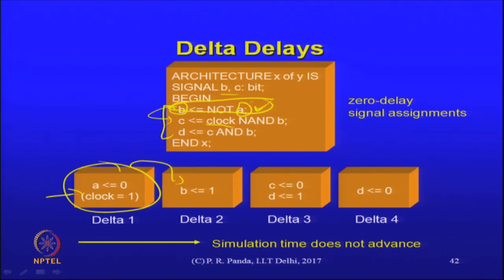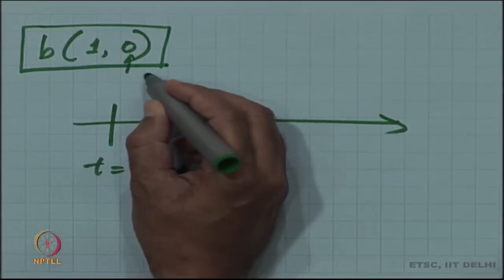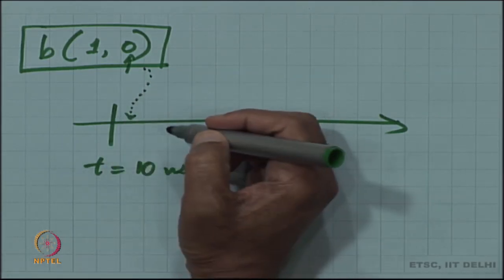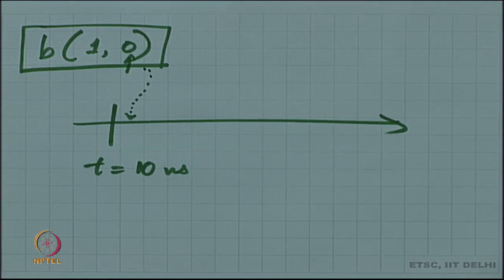As a result of A changing, only B can change, others cannot change, that is our algorithm of the simulator. So, we schedule that transaction, we post that transaction at what is called the next delta cycle of a simulator. This is a simulator's internal concept.